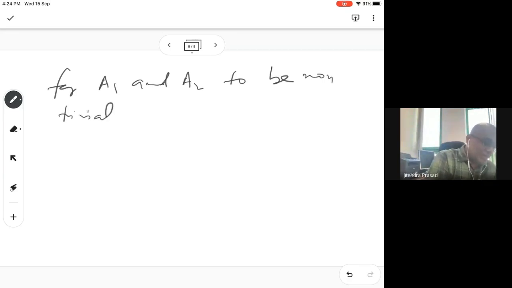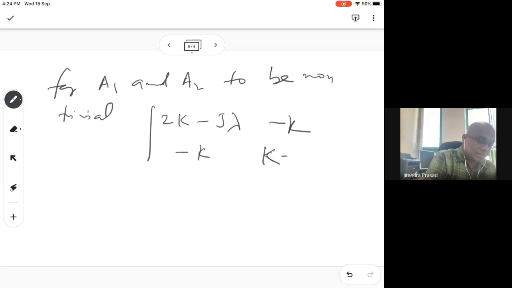So we have to do the determinant of 2K minus J lambda, minus K, minus K, 2K minus 2J lambda equal to 0. Yeah, determinant has to be 0, and we can solve it.